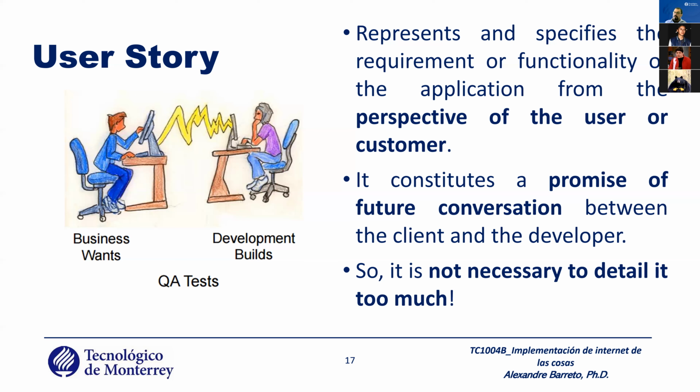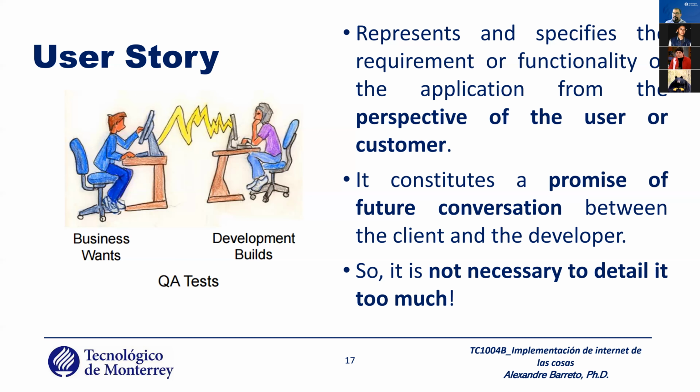Oh, I didn't understand. Oh, now I understand exactly what I want. I would like to change. To avoid this situation, the agile perspective thinks: first, I need to have focus on the user, what the user wants, what is important to the user, what adds value to the user.